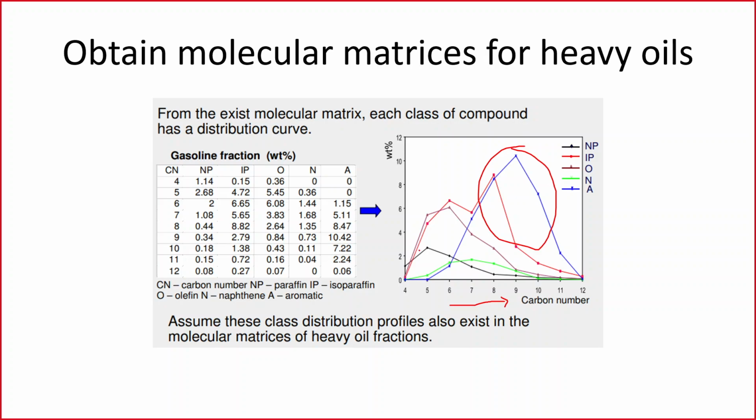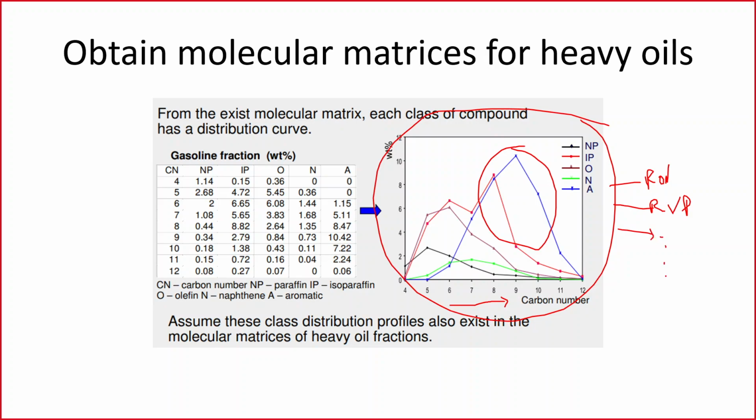That's how they try to fractionate the gasoline into PIONA and carbon number. It's also a means to model this. For example, if this is my gasoline, it has a certain RON number, a certain RVP, a certain blah blah blah, which I don't know.